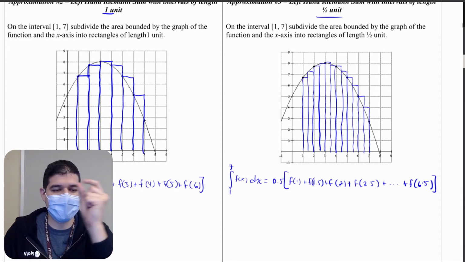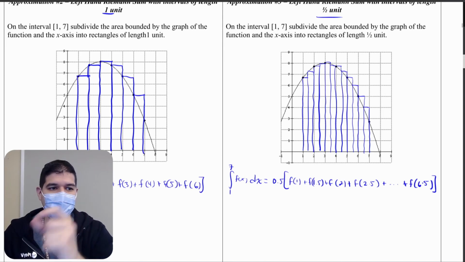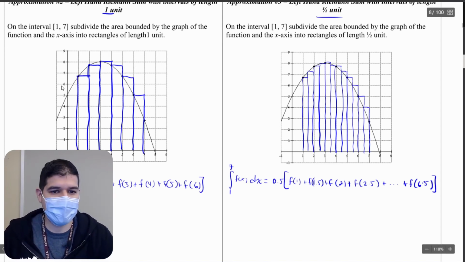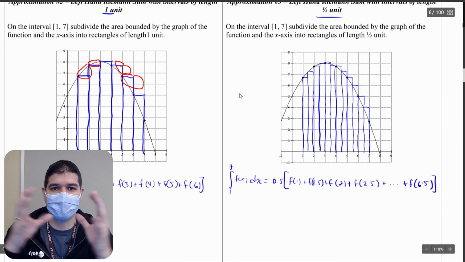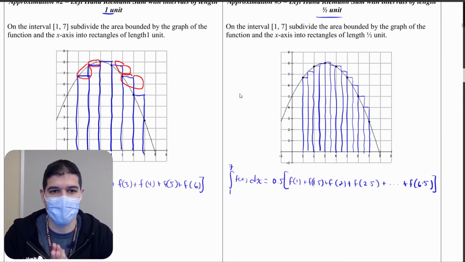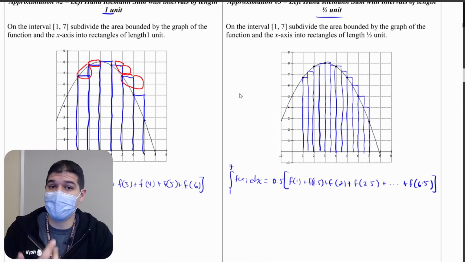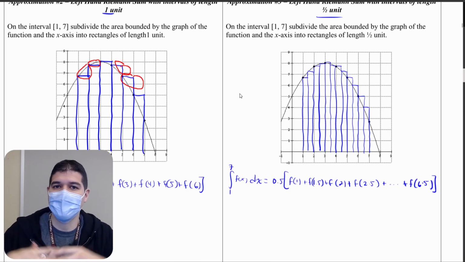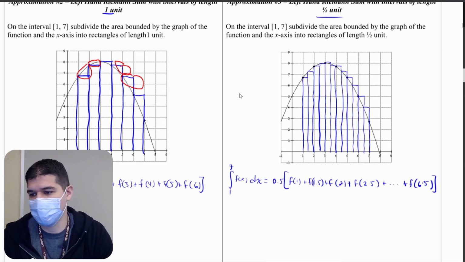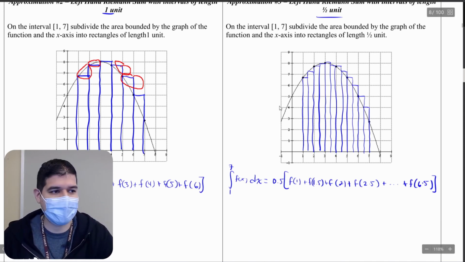Because the area that it's going to be going over or under in some of these spots starts to shrink as the length of these rectangles get smaller and smaller. And that's the whole point of Riemann sums, and that's how they get us to the idea of definite integrals. So I want you guys to calculate these two values and see if you get the same as I.